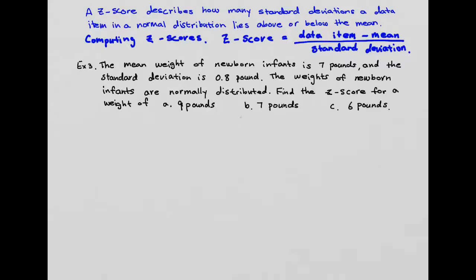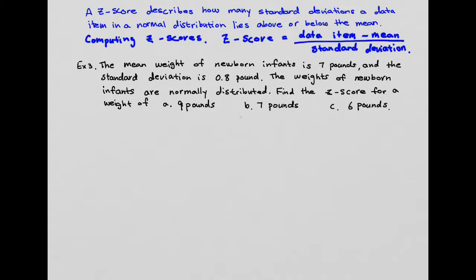Example 3, the mean weight of a newborn infant is 7 pounds and the standard deviation is 0.8 pounds. The weights of newborn infants are normally distributed. Find the z-score for a weight of 9 pounds, 7 pounds, and 6 pounds.